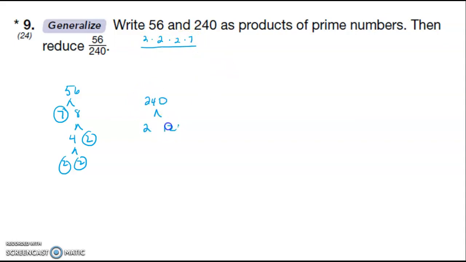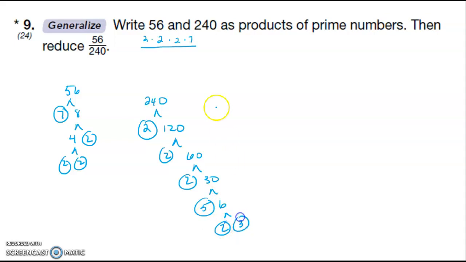So 2 times 120, 2 times 60, 2 times 30, 5 times 6, 2 times 3, and I think that's it. So let me write that down. So let's see. We have 1, 2, 3, 4 2s. 1, 2, 3, 4.